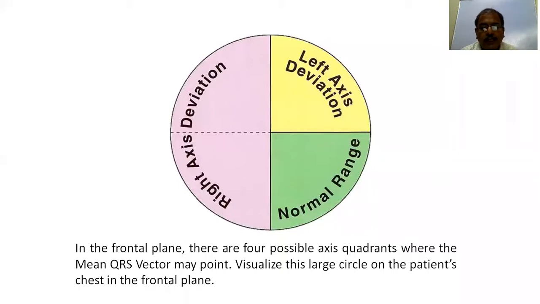Visualize this large circle on the patient's chest in the frontal plane. So this is the frontal plane which you have to remember. See, the right axis deviation, this half, a little later we will again divide into upper quadrant and lower quadrant. Till that time you think of the whole of this as right axis deviation.